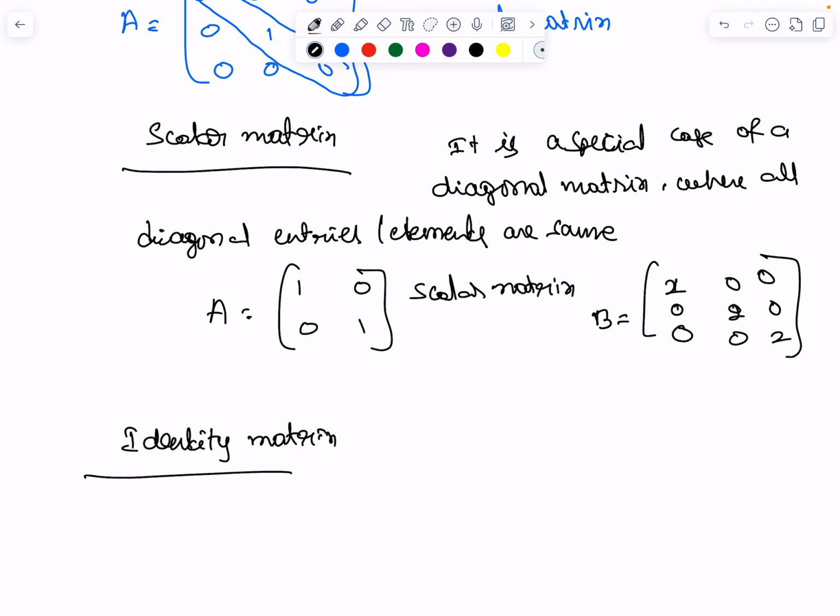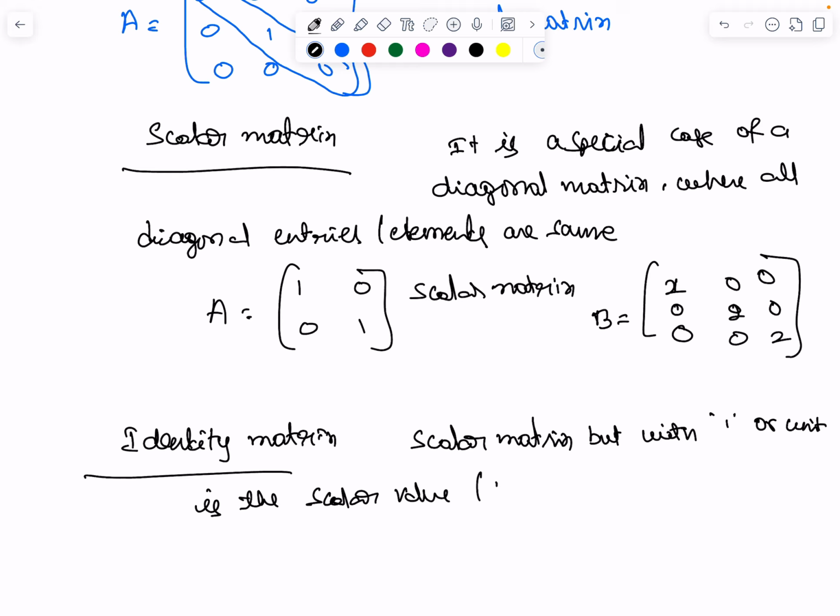Identity matrix. We have defined it already. It is a scalar matrix, but with one, the unit, as the scalar value or the constant value.